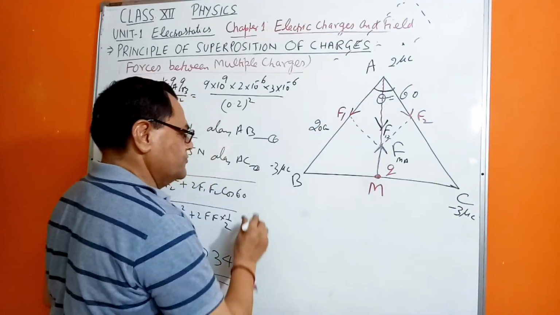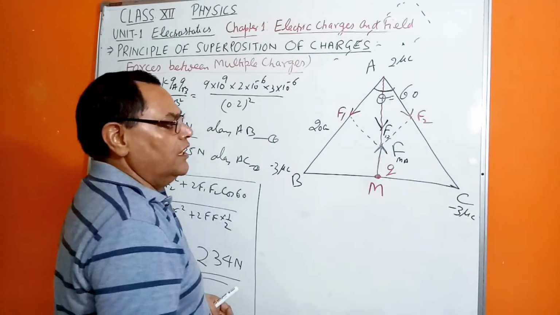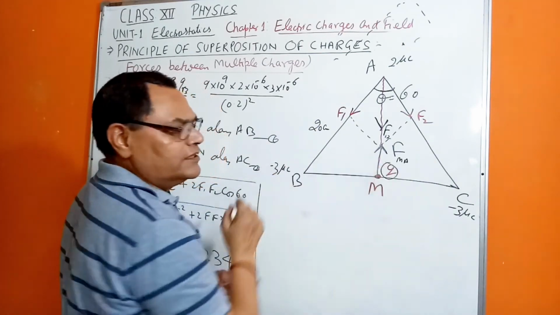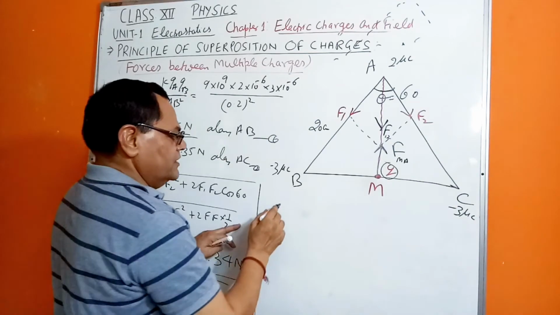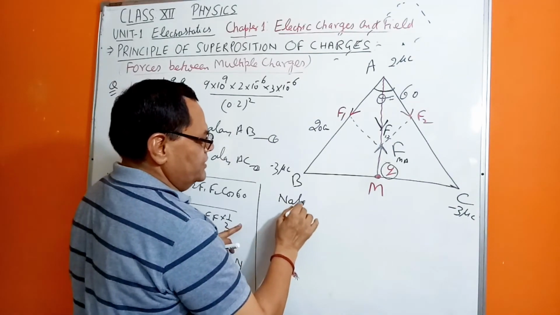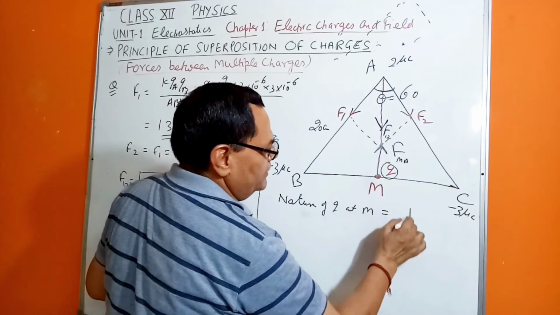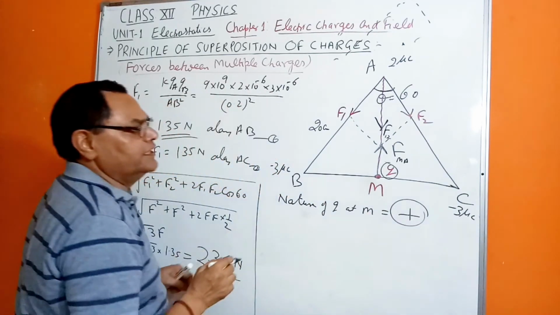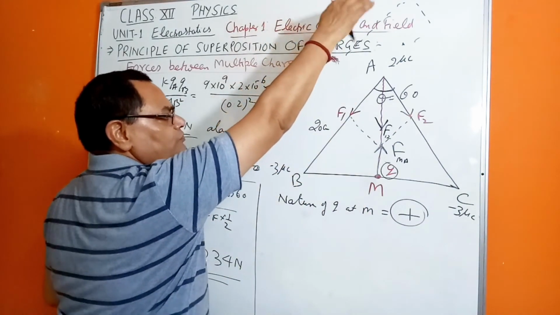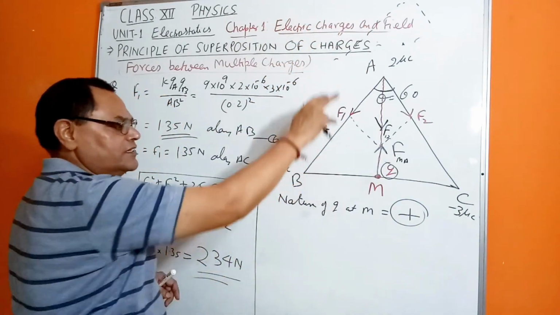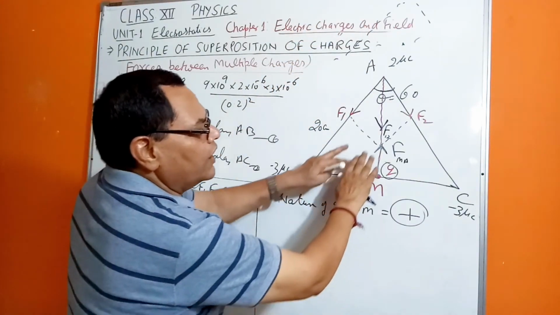Hence net force will be 0. But we have to find out the magnitude as well. So you found out the nature of the small q at M. This should be positive. Only then it will be pointing upward to nullify the downward force at A. Then what should be the magnitude?